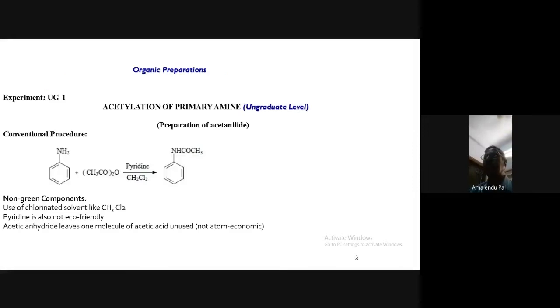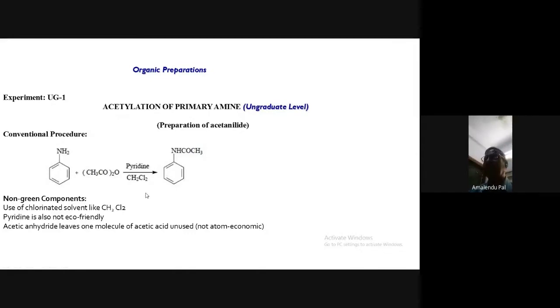We have discussed the acetylation of aniline. We used acetic anhydride, pyridine, and chloroform. I told you these are not green solvents: acetic anhydride, pyridine, and chloroform, a chlorinated compound, are not eco-friendly.